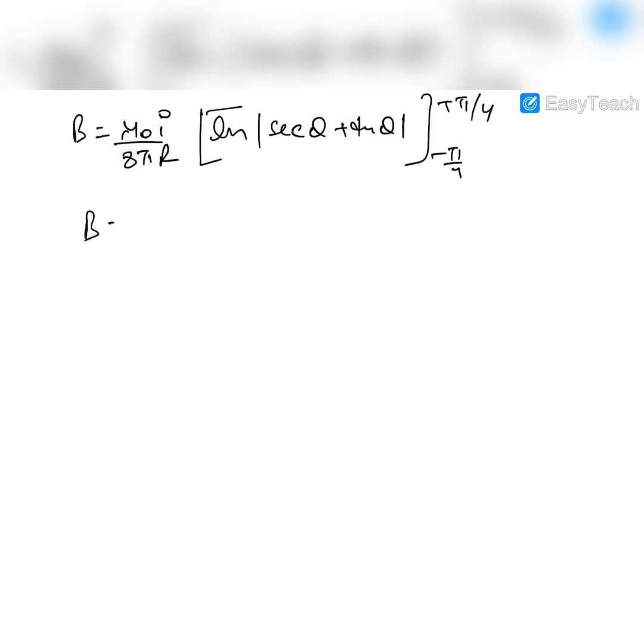So B will be equal to mu naught I by 8 pi R ln. Now sec pi by 4 is root 2 and tan pi by 4 is 1, so it would be root 2 plus 1, and sec minus pi by 4 is again root 2 and tan minus pi by 4 is minus 1, so it would be ln root 2 minus 1.